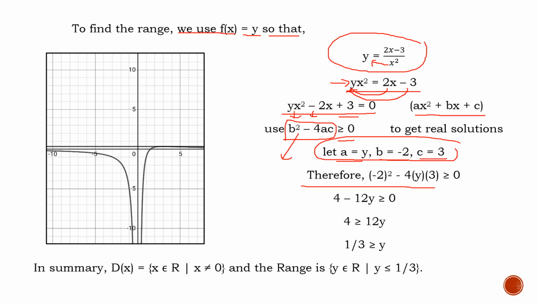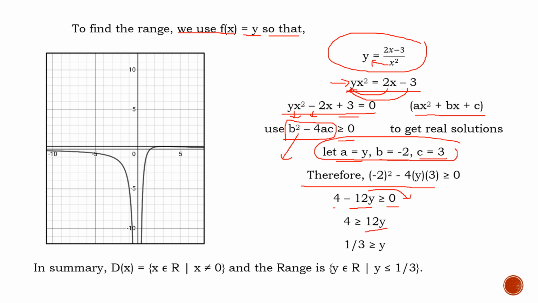Negative 2 squared minus 4y3. So we simply take the square of this negative 2, that is 4. We multiply negative 4 by y by 3, that is negative 12y, greater than or equal to 0. Now, if we transfer this to the other side of your equation, it becomes positive.